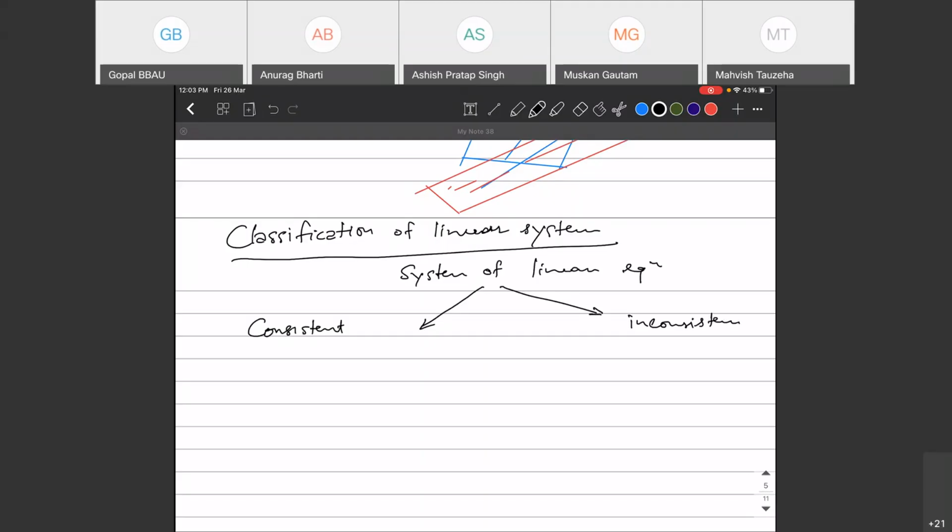Consistent means there exists a solution, and inconsistent means there does not exist any solution.